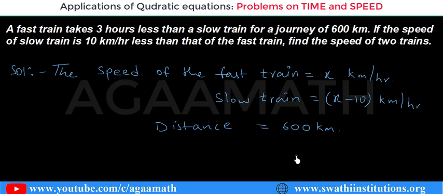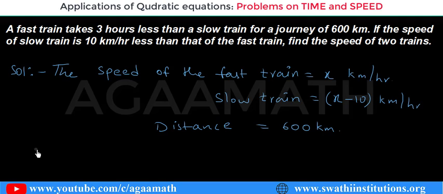And in the question itself it is given that the fast train takes 3 hours less than the slow train for a journey of 600 kilometers. It means the difference of time between the two trains is 3 hours, right?